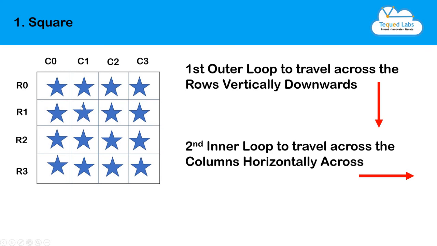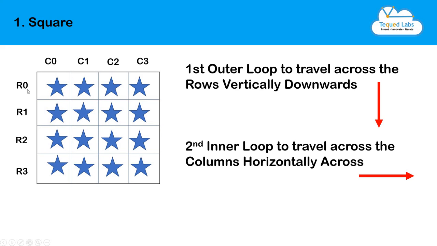As I told you, to print any pattern which can be represented in a matrix format, you need two loops. The first outer loop is used to travel across rows, that is vertically downwards. The second inner loop to travel across the column, that is horizontally across. So this is how it's going to work.